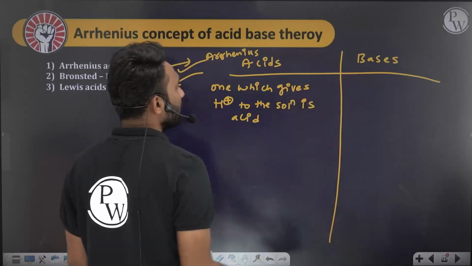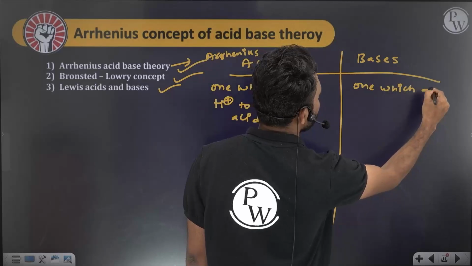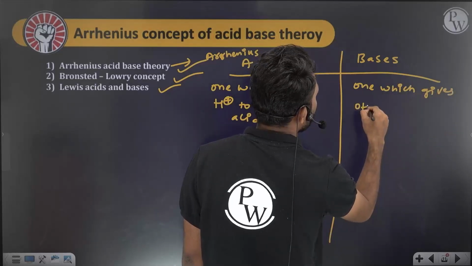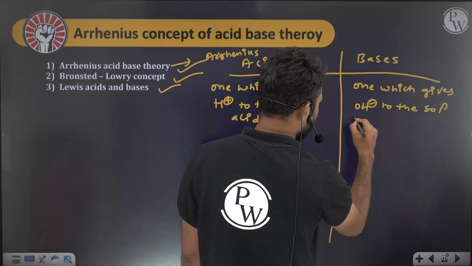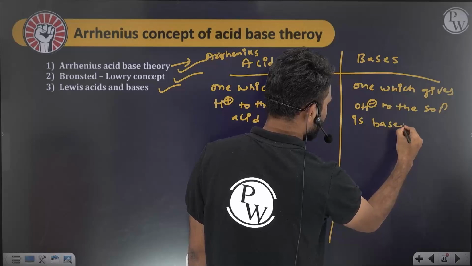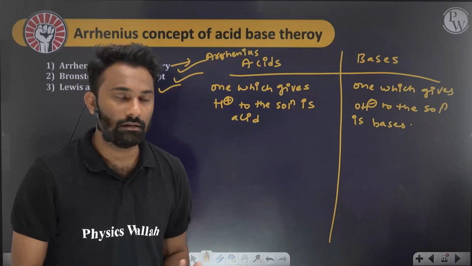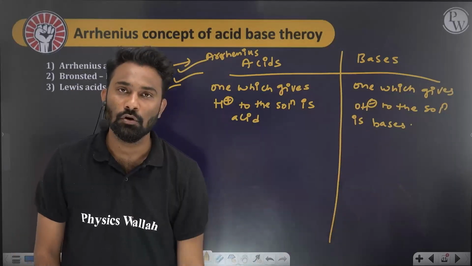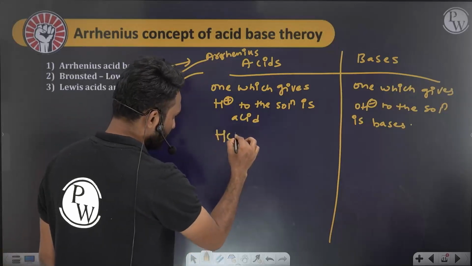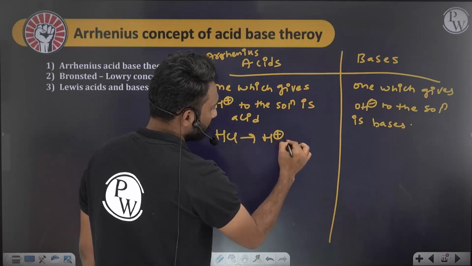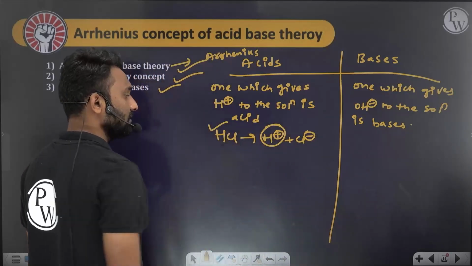Now for bases, he said that the one which gives OH minus to the solution is a base. Okay, if it gives H plus, it is an acid; if it gives OH minus, it is a base. Look here: HCl gives rise to H plus and Cl minus. It is giving H plus, so this is the acid.